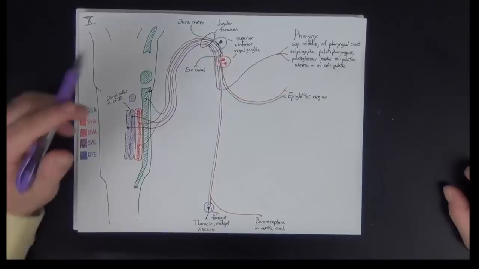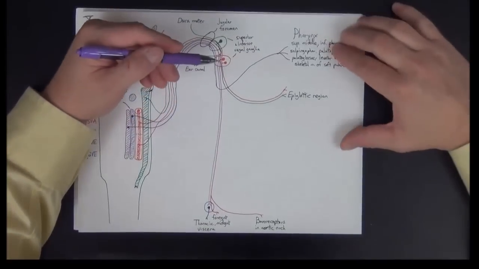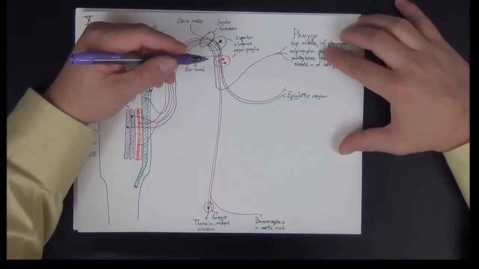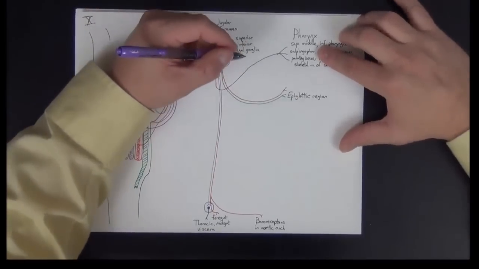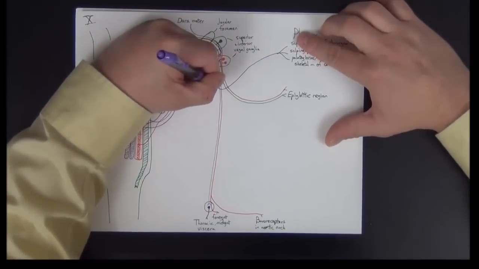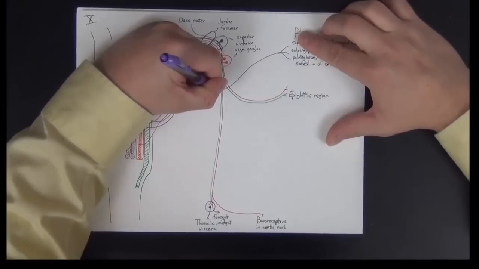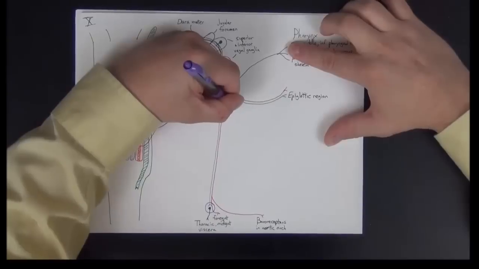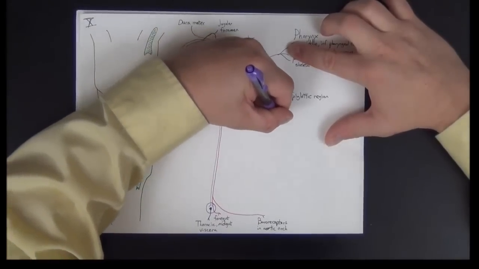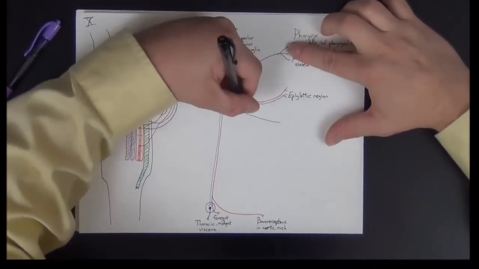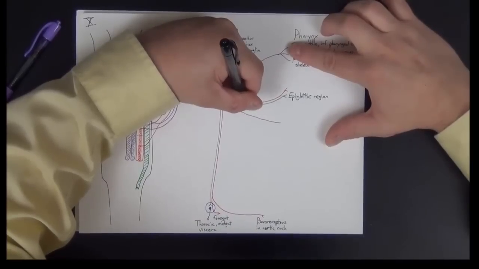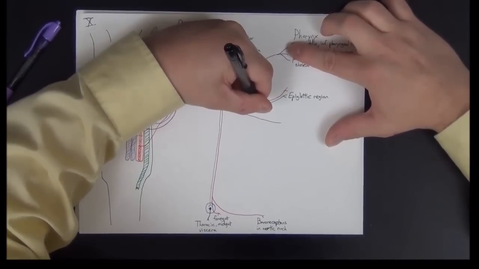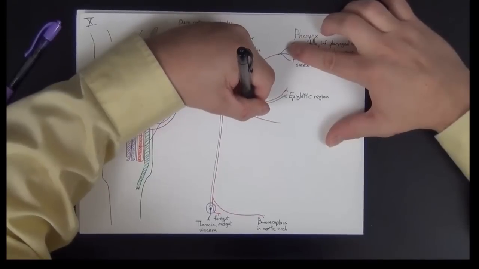Next up, we've got the muscles of the larynx, and this is going to be a lot of fun. As the vagus nerve travels down through the neck, it sends off a superior laryngeal nerve. So the vagus nerve creates the superior laryngeal nerve.